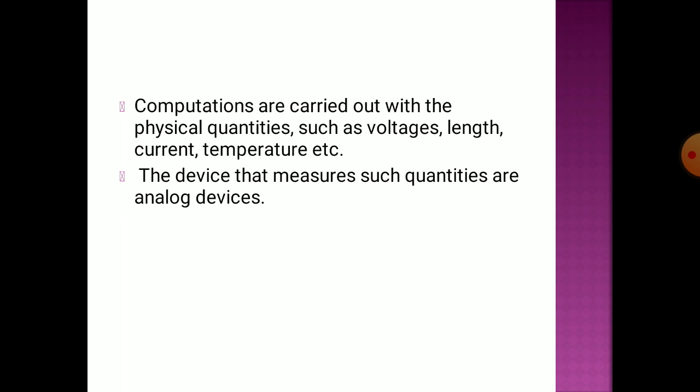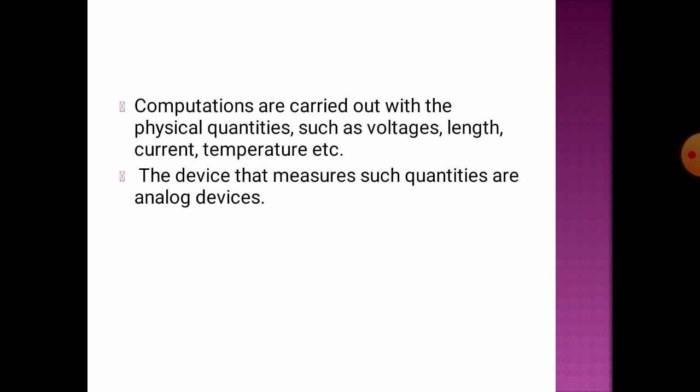Some more features of analog computers: the computations are carried out with physical quantities like voltage, length, current, temperature. The height of a person or the weight of a person is also measured. It is not an exact quantity you will get; you may get it in fractions, in decimal points.